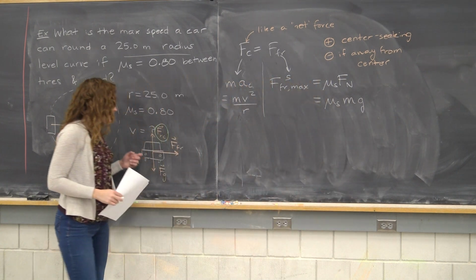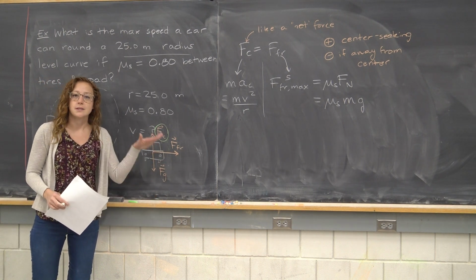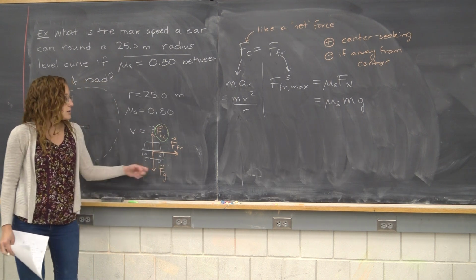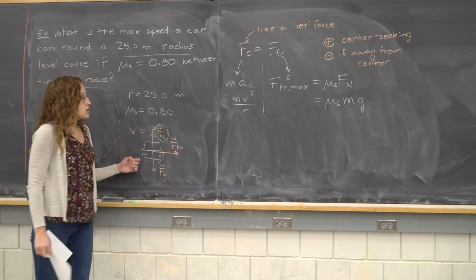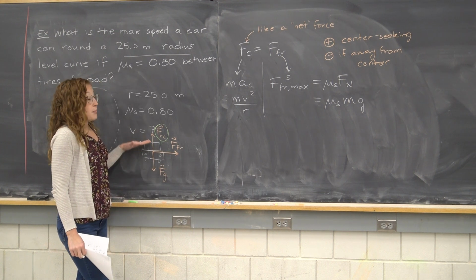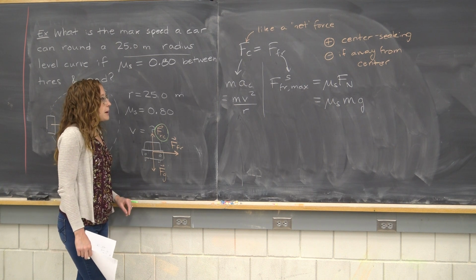The reason that we know that they are equal here is because those are the only two vertical forces, right? The only forces acting towards the center of the Earth and away from the center of the Earth, basically. And so they must balance each other out. We don't have any vertical acceleration, right? The car isn't accelerating upward or downward. So these two vertical forces must balance each other out.